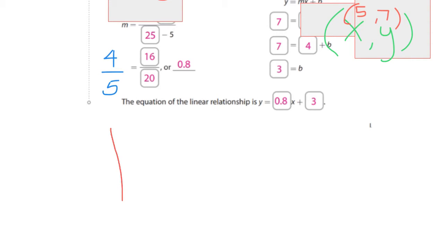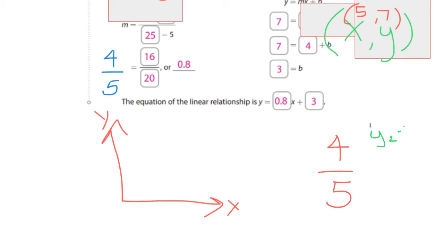So from the graph, you have your x and your y, and we said slope was 4/5. Keep in mind the top number in the slope came from taking y2 minus y1, and the bottom number, of course, was x2 minus x1.